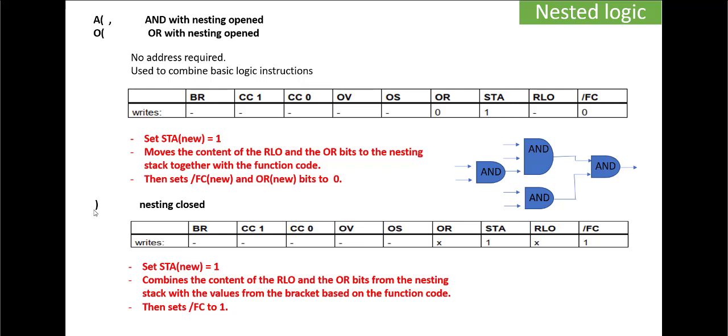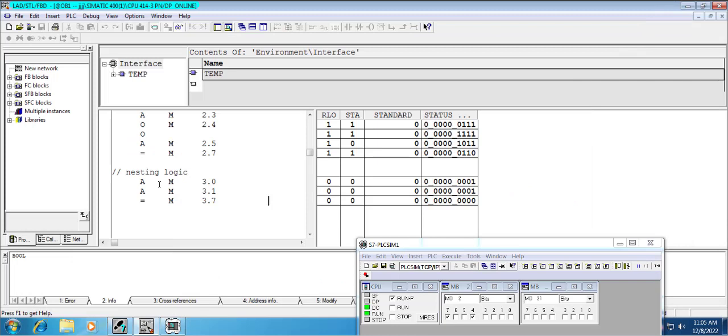So let's first construct our example code. We want to implement this functionality. Let's say that this is M3.0, this is M3.1, this is M3.2, 3.3, 3.4, and 3.5. So let's begin, and we will start with our basic example.